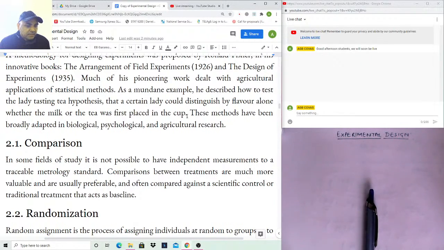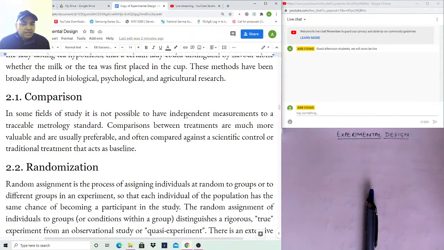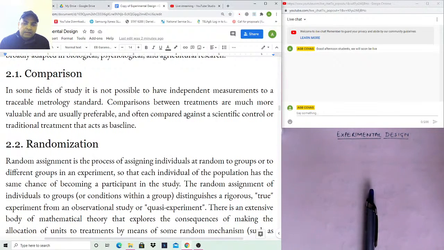What is that comparison? In some fields of study, it is not possible to have independent measurement with a traceable metrology standard. So comparisons between treatments are much more valuable and usually preferable, and often compared against a scientific control or a traditional treatment that acts as a baseline.